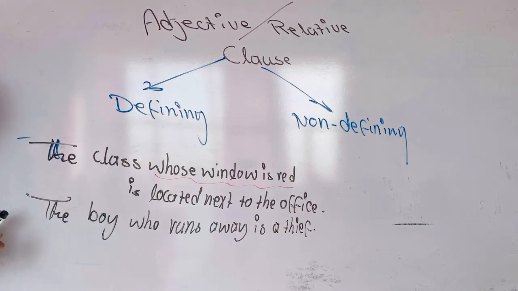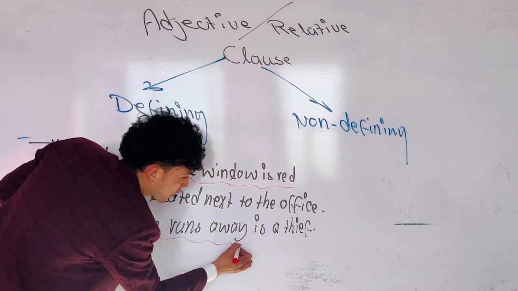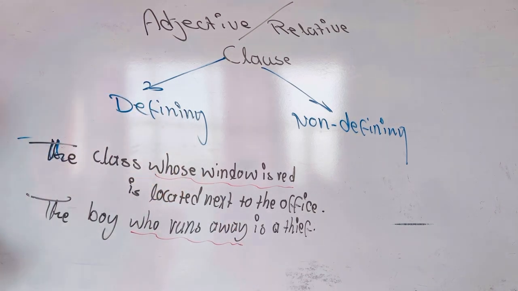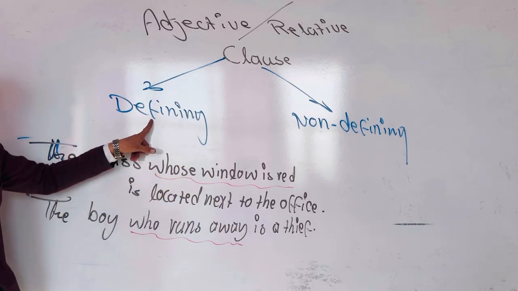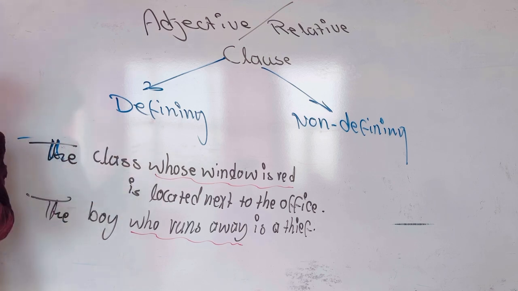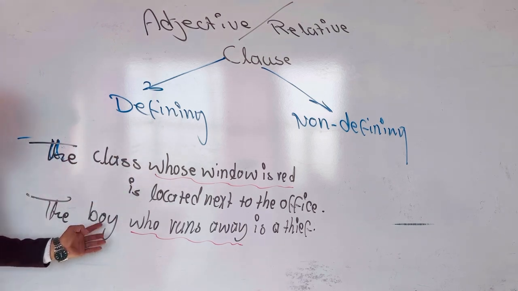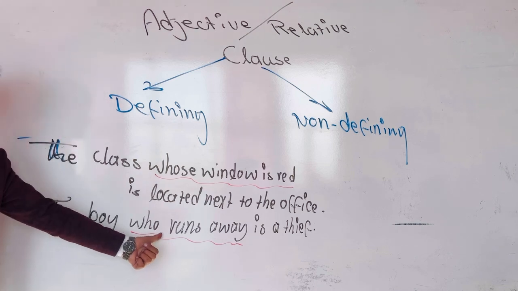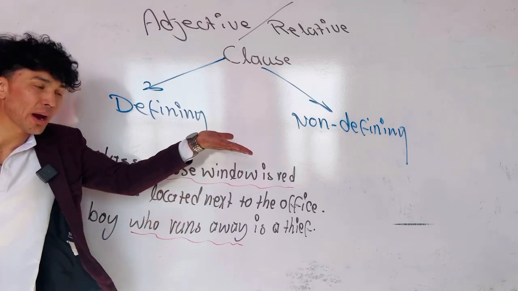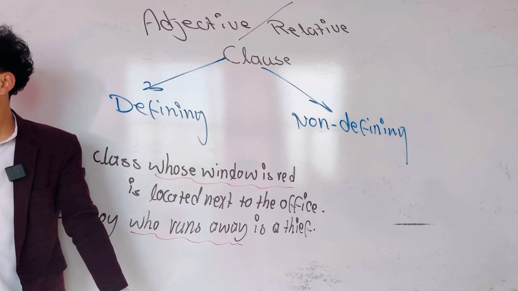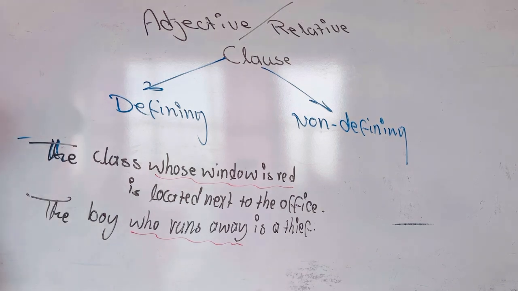You understand? Look at this part. This is a defining adjective class, which gives necessary information about the boy. The boy is a thief. Which boy? The information is necessary. Who runs away? You understood?